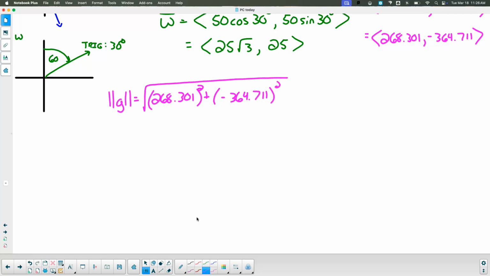And then we're going to take the square root of that. I get 452.7693.